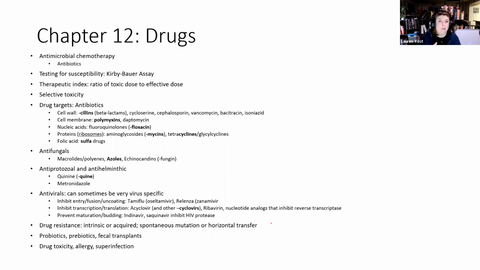The test that we did in lab is an important test for understanding the susceptibility of a microbe to a chemotherapeutic drug, using that Kirby-Bauer assay. So, plating something out on a plate, nice and smooth, like a big lawn of bacteria, before you incubate, popping on those discs of whatever drug you're interested in, and then incubating it to grow, and then seeing if we have zones of inhibition, right?